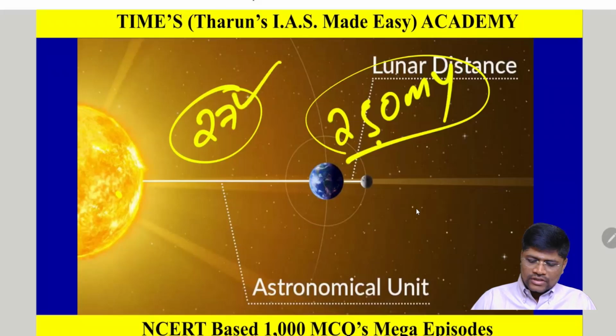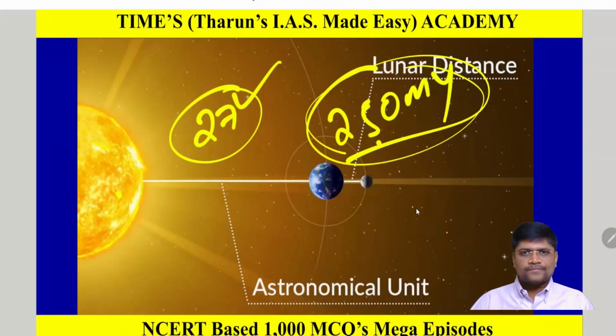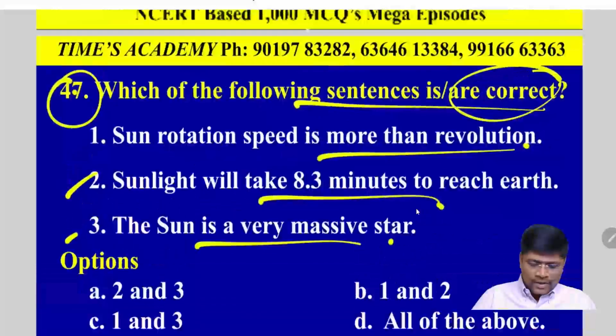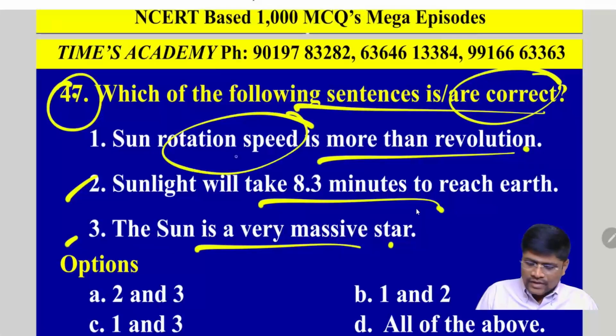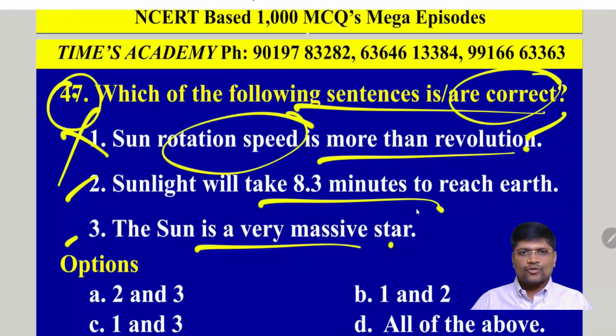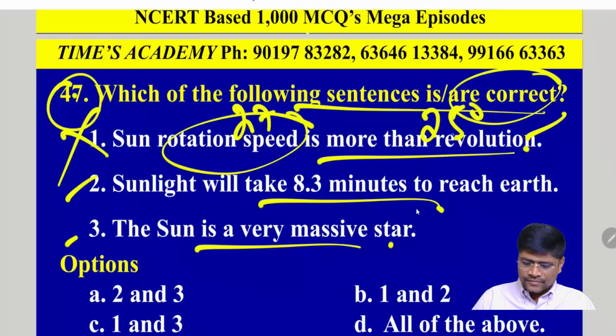So compared to 27 days, 250 million is very large. So that means the rotation speed is more than the revolution? No, the Sun's rotation speed is greater in terms of frequency... because it is 27 days versus 250 million years. So that's why statement 1 is incorrect.